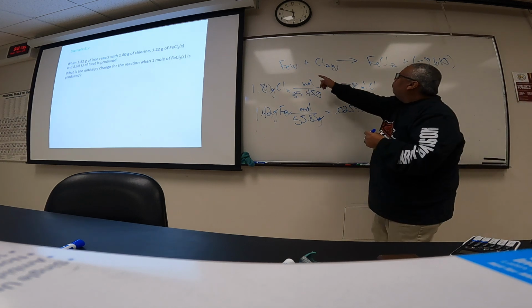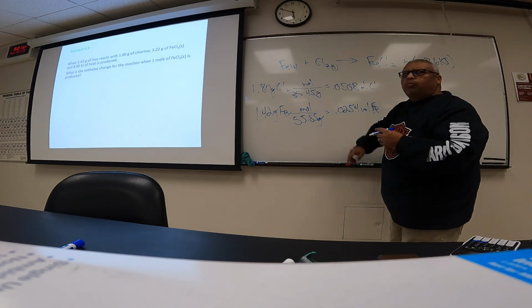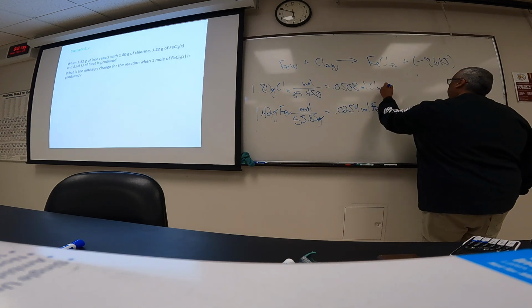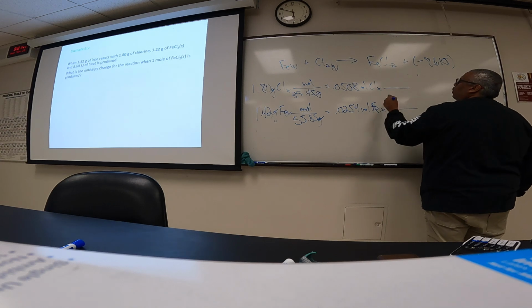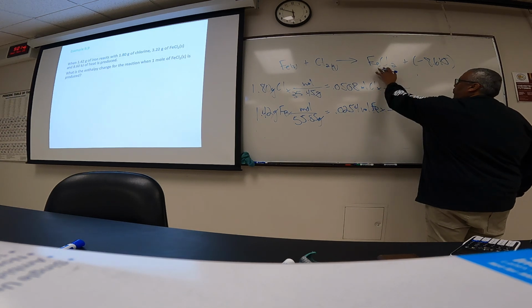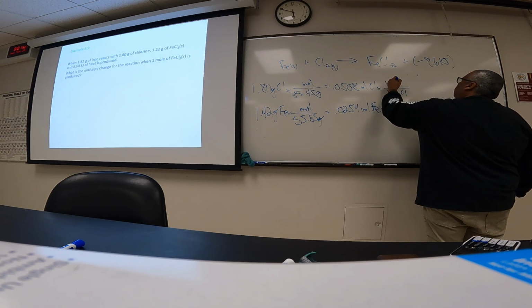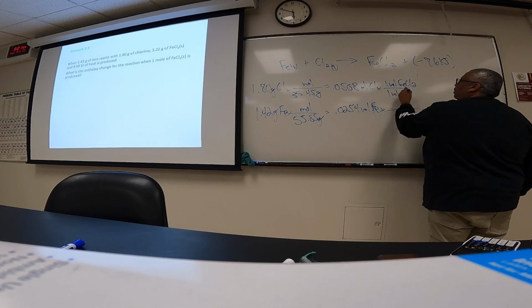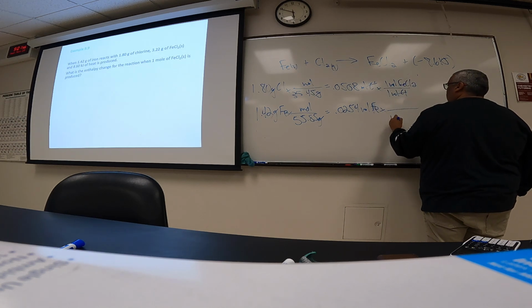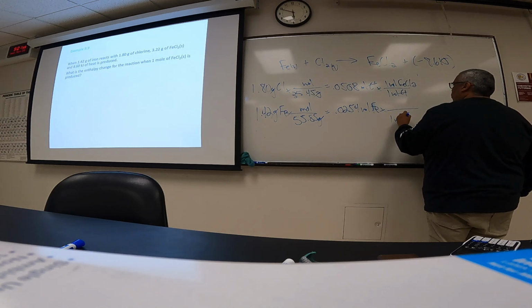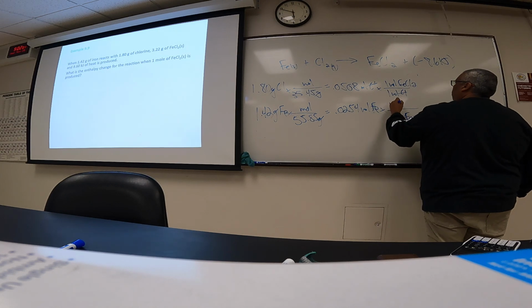So now we have to decide which one's our limiting reagent. Everything here is a 1-to-1 ratio. For every 1 mole of chlorine, we're going to get 1 mole of iron chloride, and for every 1 mole of iron, we're going to get 1 mole.